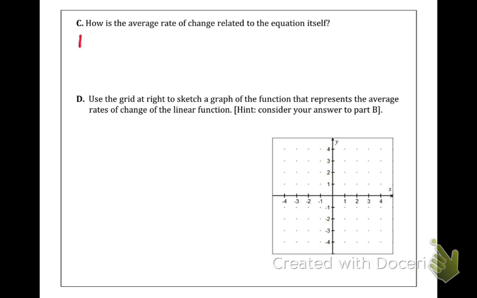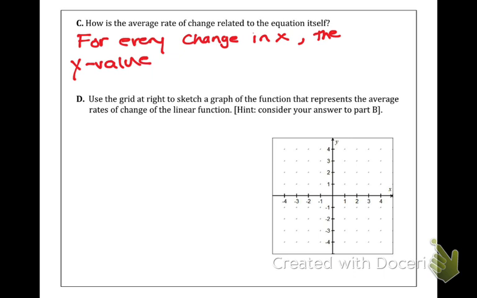I'd say for every change in x, the y value increases by 3 halves. That's our true definition of slope: for every increase of x, your y value will increase or decrease by whatever the slope is.